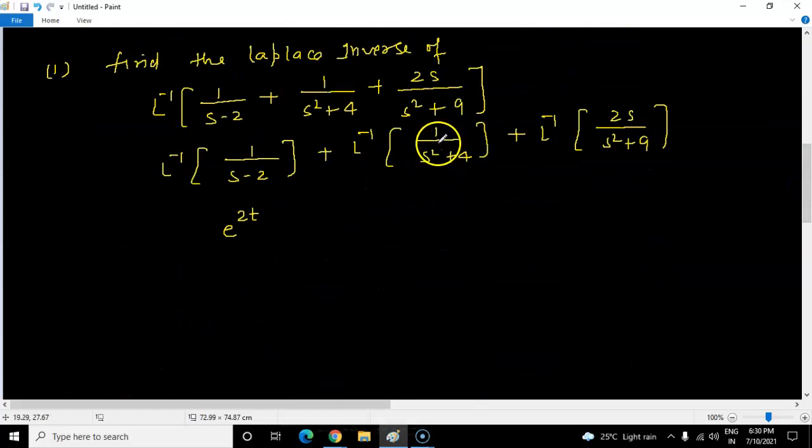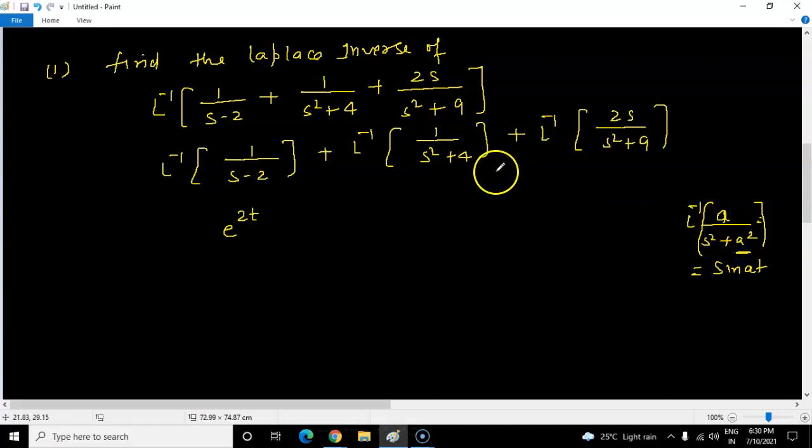Similarly, here given is 1 upon s square plus 4. There is no direct formula for 1 by s square plus 4. The formula is 1 by s square plus a square. If a is there, then this one's inverse is sine of at. Whatever the a is here, a square, that should be there in the numerator also. So here how much is there?